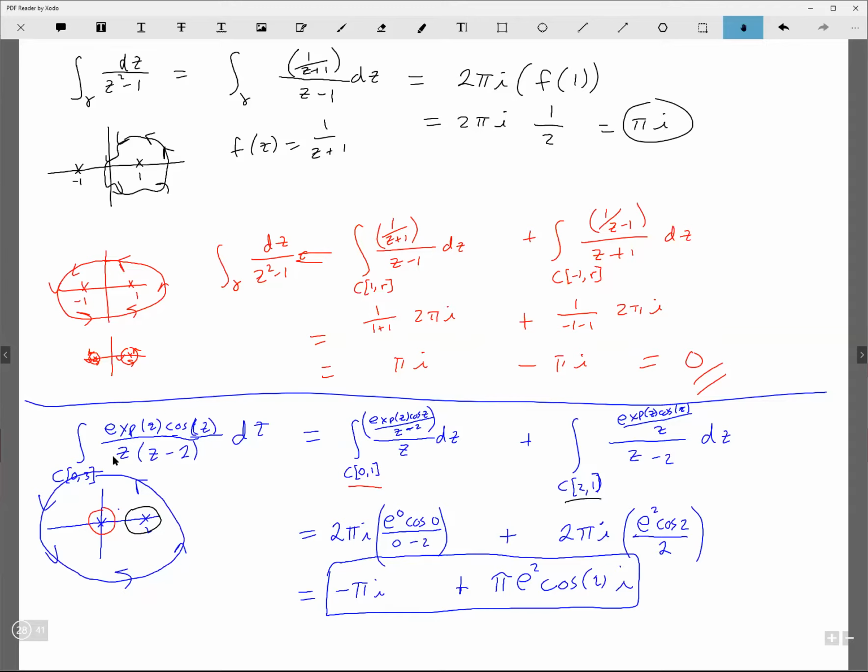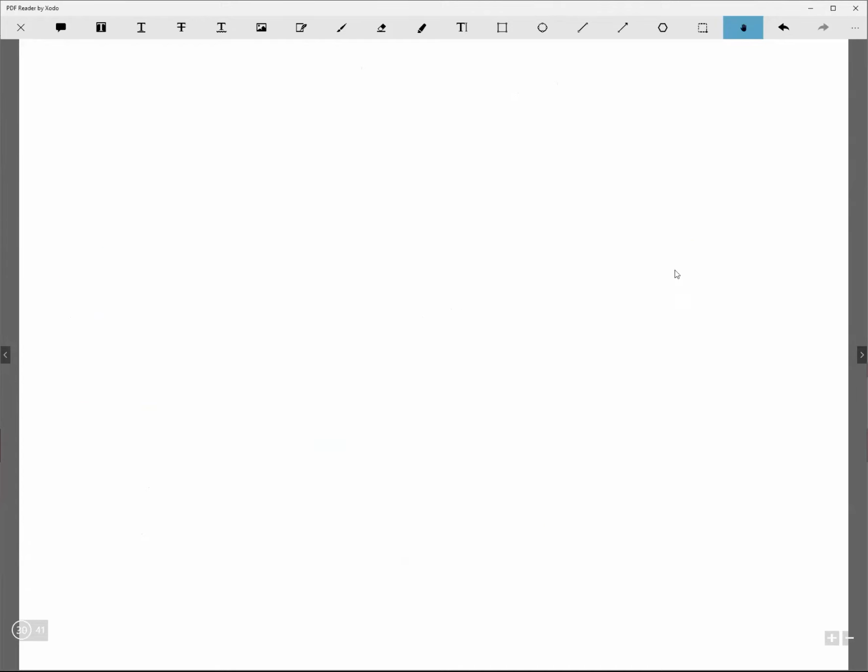So here our curve was going this way, right? If this curve had gone the other way, the negative orientation, then everything would just be negative. So this would be positive, and that would be negative. Another thing that could happen, which you have to pay careful attention to, is this.